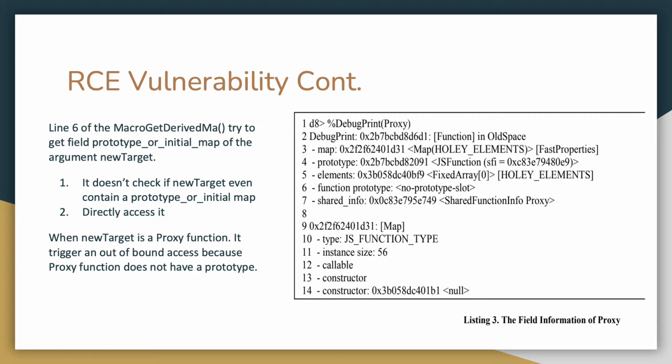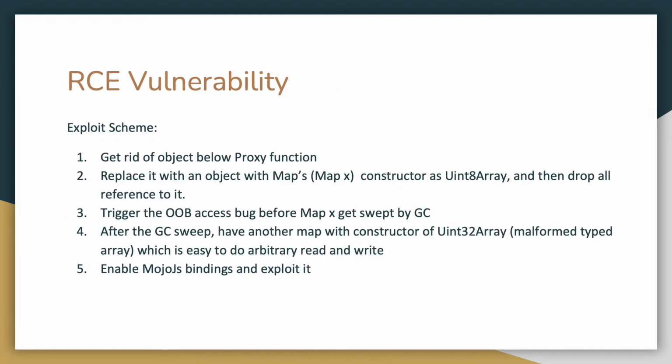Well, if you call the macro GetDerivedMap and you add the proxy function as the argument, when it tries to get the field prototype or initial map, it will trigger an out-of-bounds access, because the proxy function does not have any such prototype slots. So that is one of the vulnerabilities that he found that can be used to exploit.